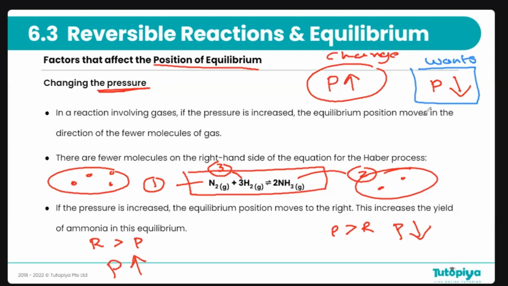How do we reduce the pressure? There could be only two equilibrium shifts, either to the left-hand side or to the right-hand side. If the equilibrium shifts to the left, that means the rate of the reverse reaction increases, so more reactants are formed.